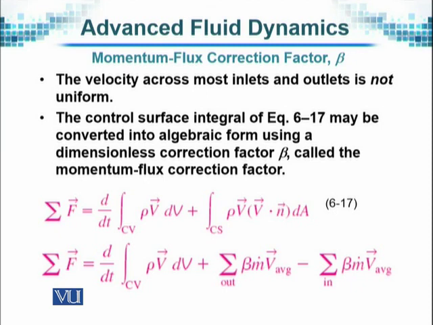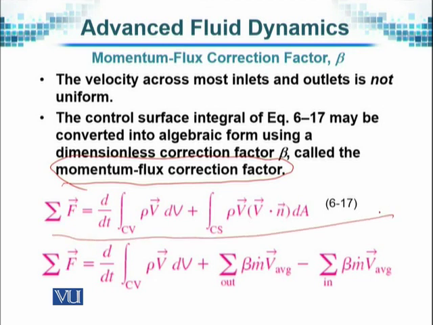So to balance the equation, we use a dimensionless correction factor beta. It's a small constant. It is named the momentum flux correction factor. It is a small factor that results in the correction of the equation, and so equation 6.17 that is referred to above is adjusted as this.